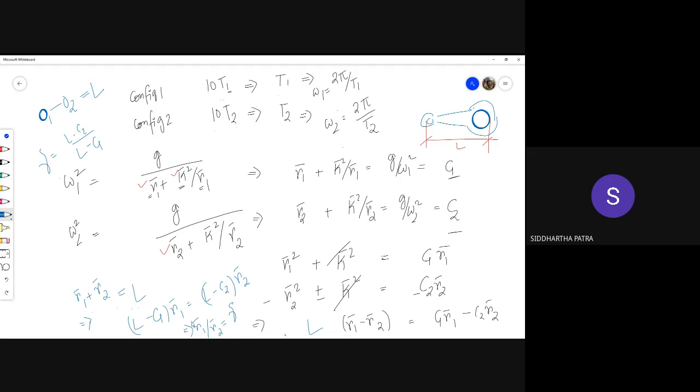Now, if I substitute this expression into the third equation, so gamma plus 1 times R2 bar equals L. From that, I can get R2 bar equals L divided by 1 plus gamma. Once I have R2, I can get R1 using this equation.